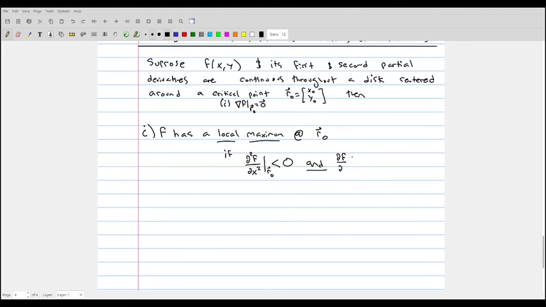I'll actually use the subscript notation that we had, because it's a little bit easier to write down. So it's a local maximum if the second derivative with respect to x at the point R naught is less than 0, and the quantity fxx times fyy minus fxy squared is greater than 0. This is at the point R naught.